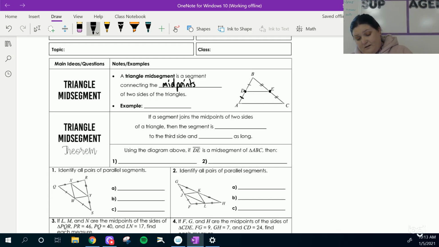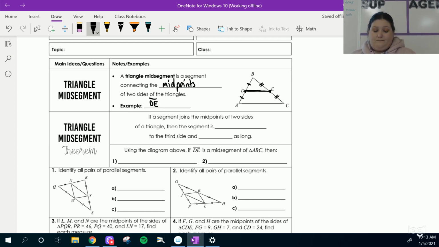The way we know they're midpoints is they're split into two even pieces and D is right in the middle. Same thing over here, we have BC split into two even pieces with E in the middle. So the line that connects those two midpoints is called the mid-segment. An example of the mid-segment from this drawing is segment DE.